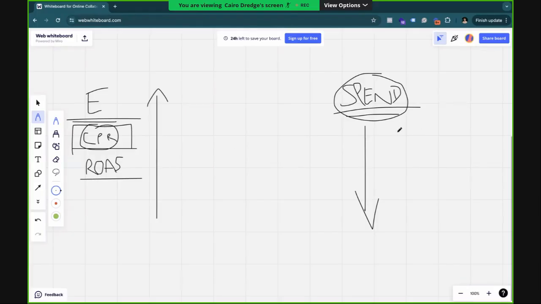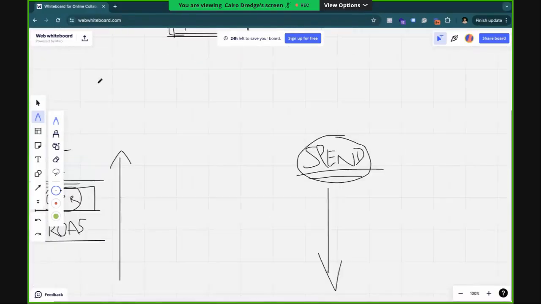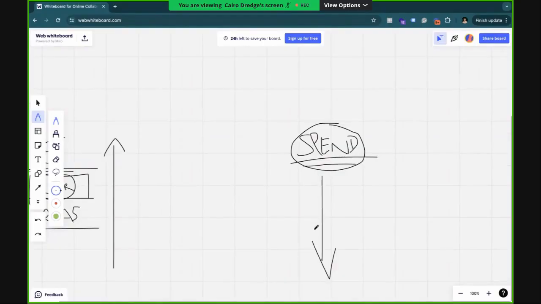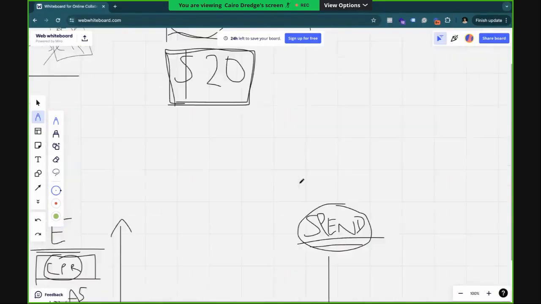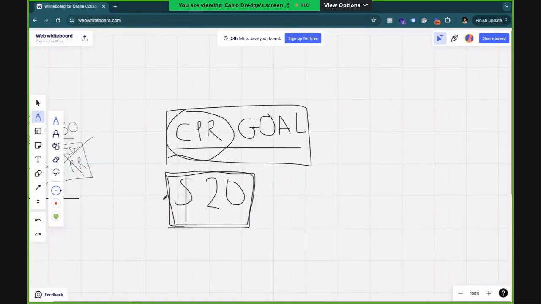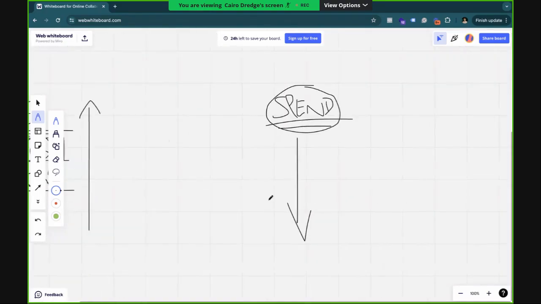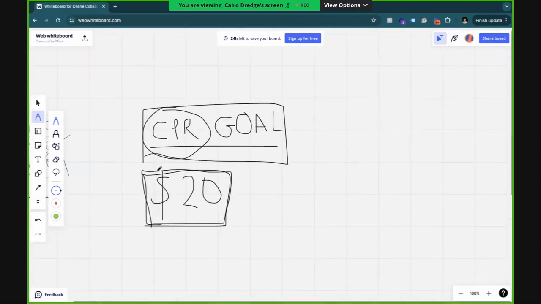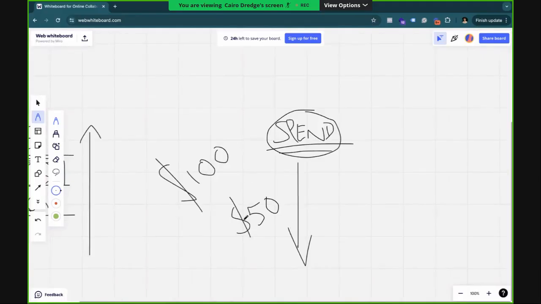And so when we start to control our efficiency by adding in a CPR goal, what we're going to do is sacrifice the amount we're spending, because we're saying to Facebook, only spend when you're confident you can get this. And it's going to, therefore, even if we give it $100, if it only thinks it can spend 50 of that that satisfies the CPR goal, then it's only going to spend 50.